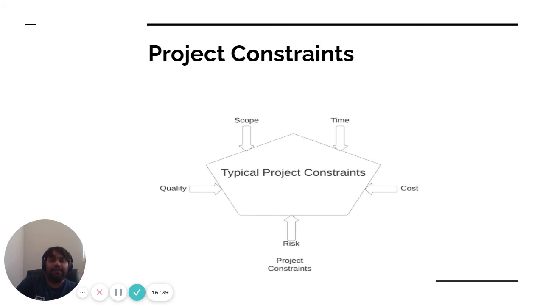The second is time. Whatever the scheduled time for a particular project to achieve certain goals has to decrease or increase. The cost: the company lost some money in some business or program they are running, and because of that they are short on money and not able to sponsor the project.